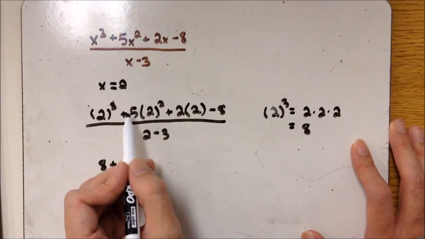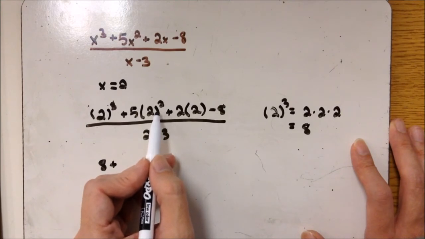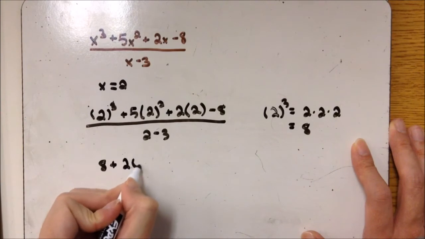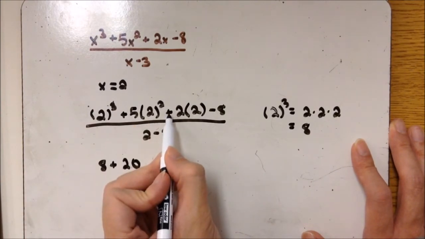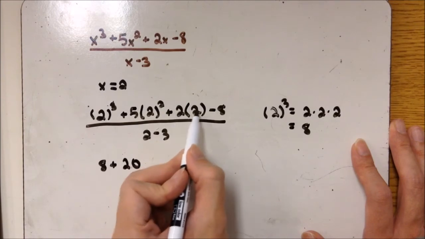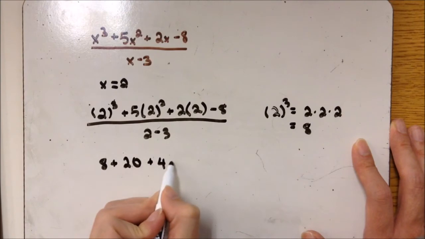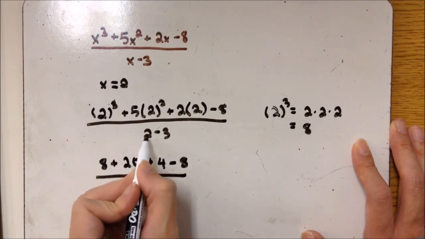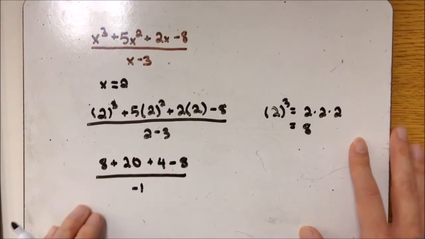And then we times by 5 because it's on the outside. So 4 times 5 is 20. And then plus 2 times 2, that's just going to be 4, and then minus 8 over 2 minus 3, which is negative 1.